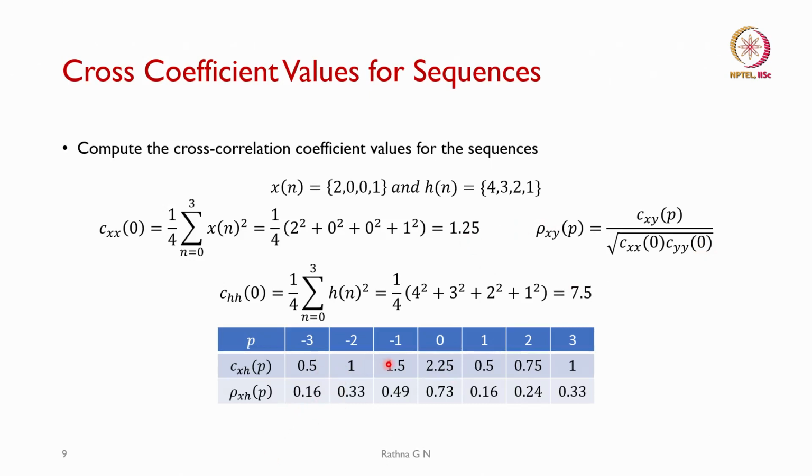In the same way you can calculate the rest of the values, and normalizing them will give the values which have been put into the table. You can go and compute the rest of them to check whether they match or not.